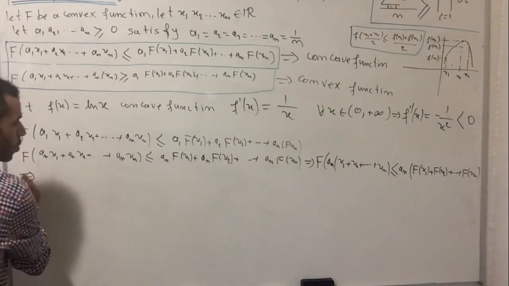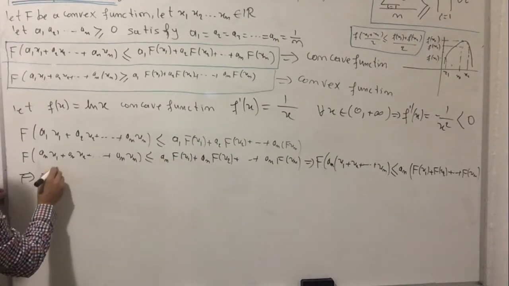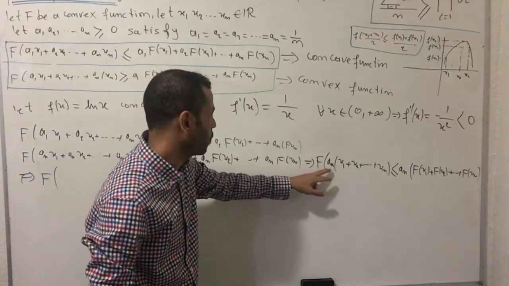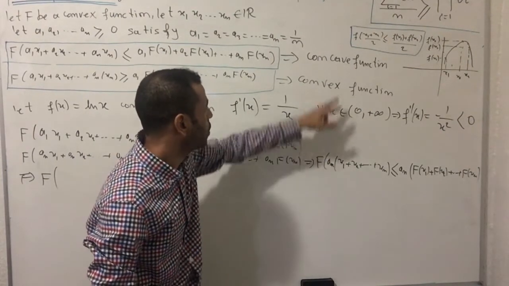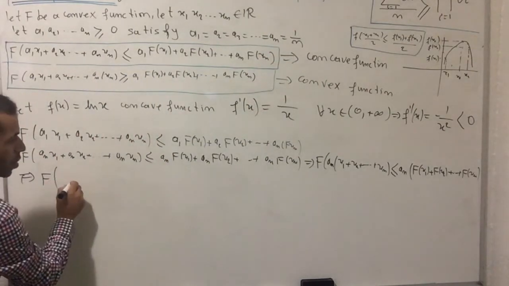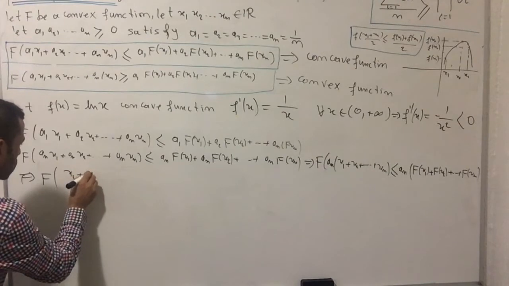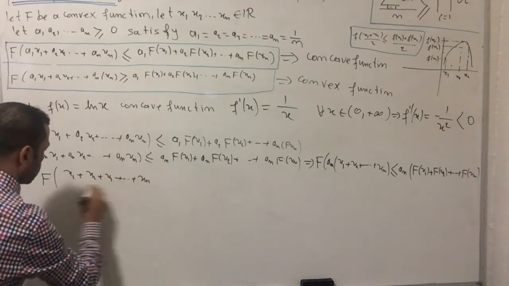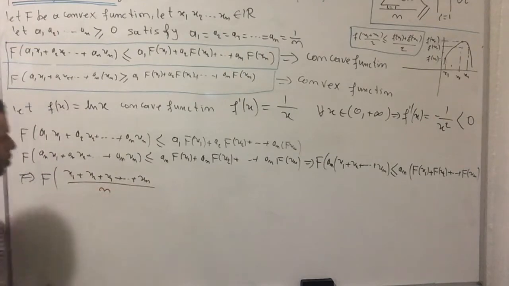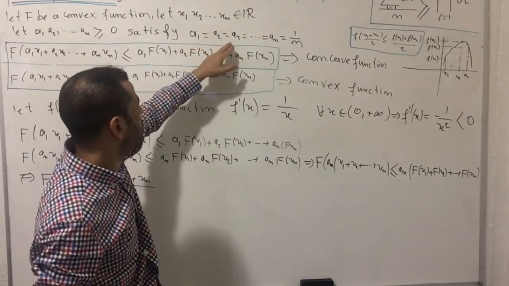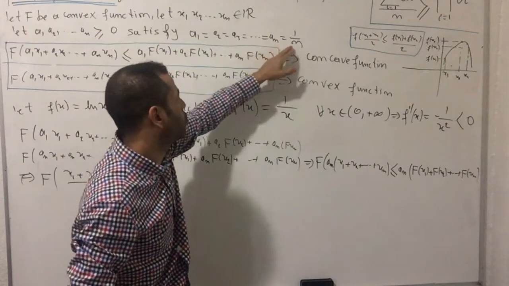So this is equivalent to f of, where a sub n equals 1 over n as you see here, so (x1 plus x2 plus x3 and so on until the last term xn) over n, because we put a sub 1 equal to a sub 2 to a sub n equal 1 over n.